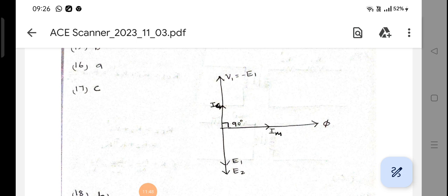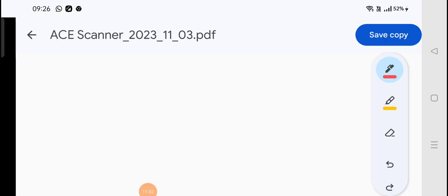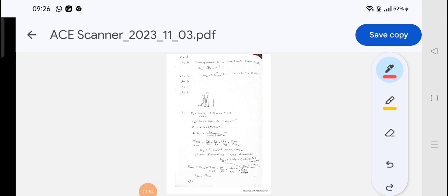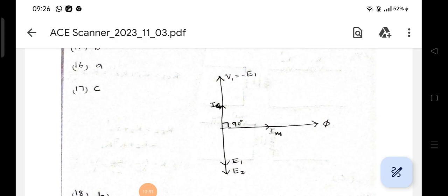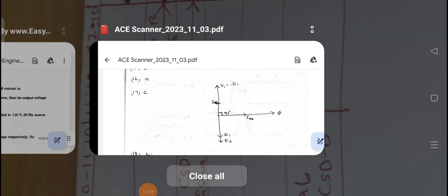Okay, that means now see here, if I draw this one, the angle varies from 0 to 90 degrees. Okay, the no load power factor angle will be approximately around 70 to 80 degrees.